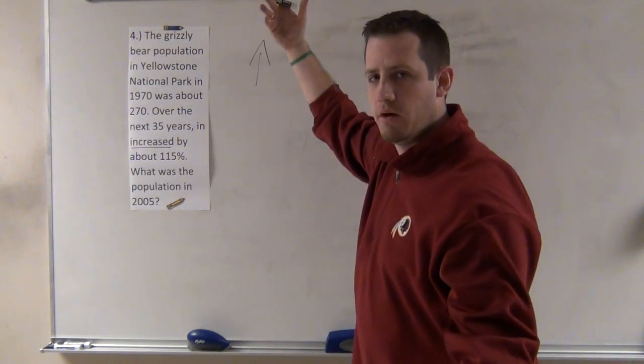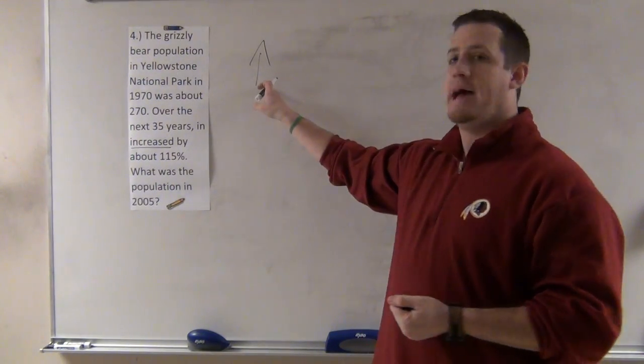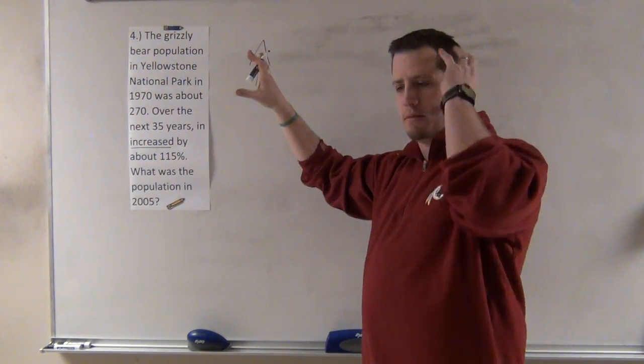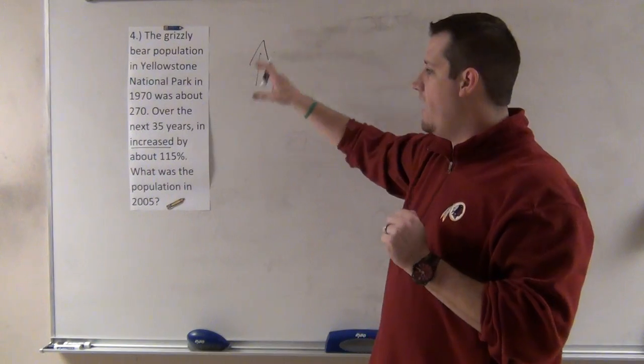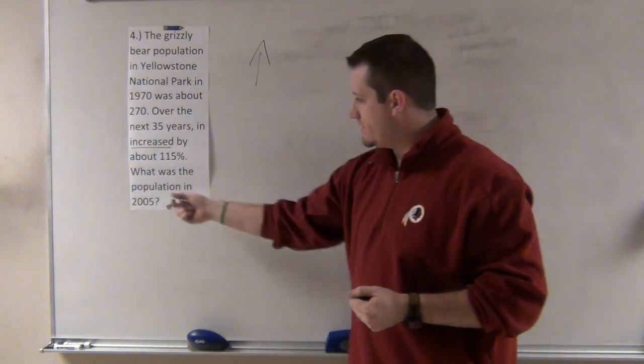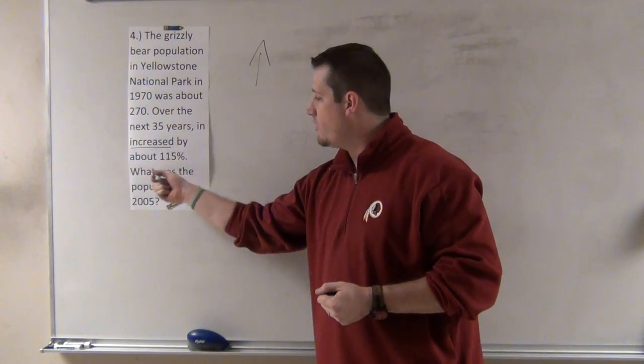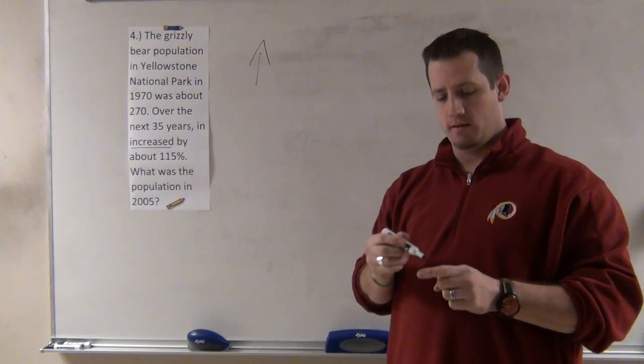What would I put if it was a decrease? Yes, a down arrow. Once I've determined that, I'm going to keep that in the back of my mind while I'm trying to figure out the value of that change, because I still need to figure out what the population is in 2005 after this increase of 115%.